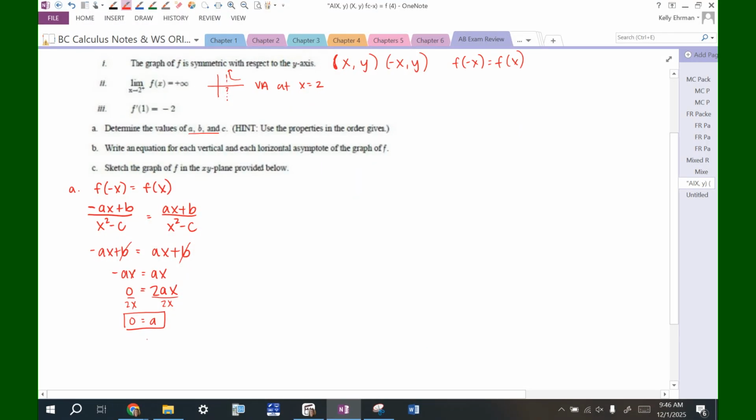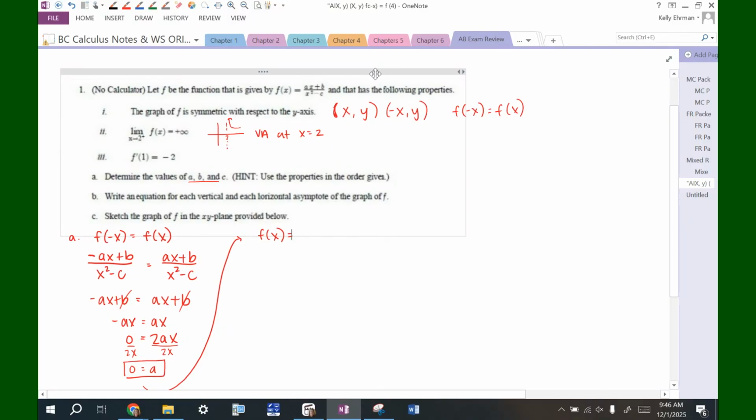What do we know now? Let's update our f of x. So now we know f of x is equal to, instead of ax plus b, it's really just 0x plus b. So b over x squared minus c. Let's take the step number 2. So the limit as x approaches 2 is equal to infinity.